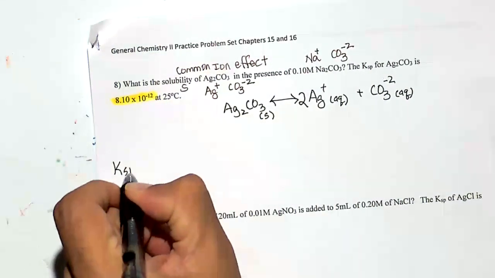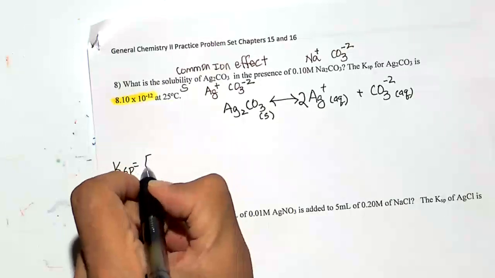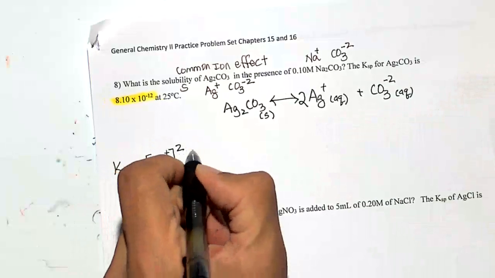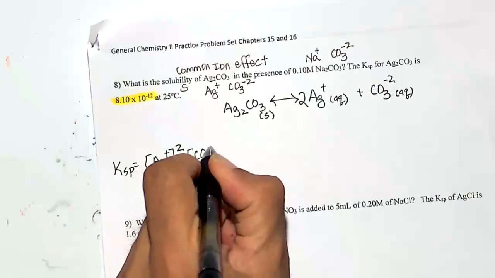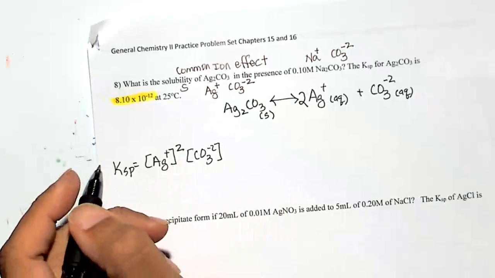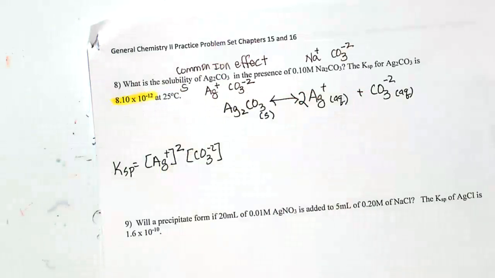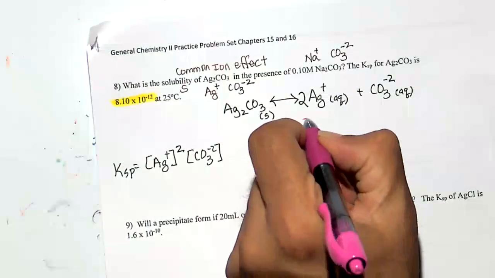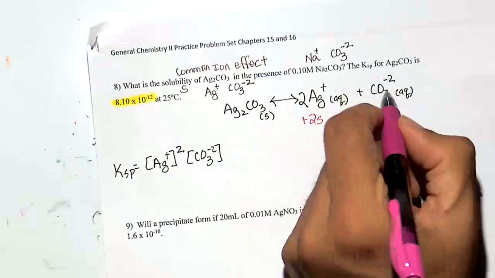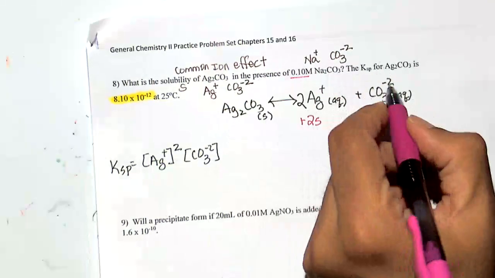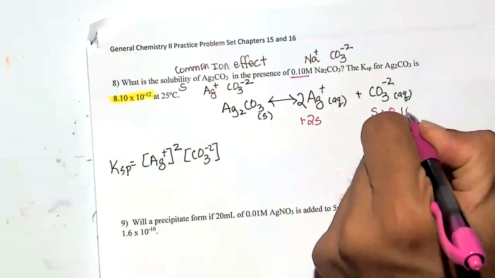And the Ksp, like we said before, is products over reactants, so it's going to be Ag+ squared times CO3 2-. Some of the solid dissolves, and when it does, this is going to be not plus S, but plus 2S, and this would be S plus the common ion. The common ion here is 0.10 molar.